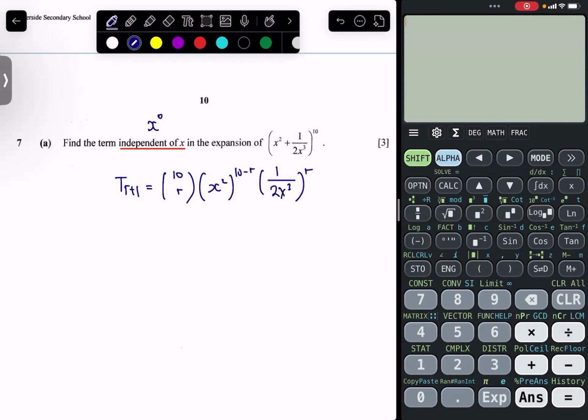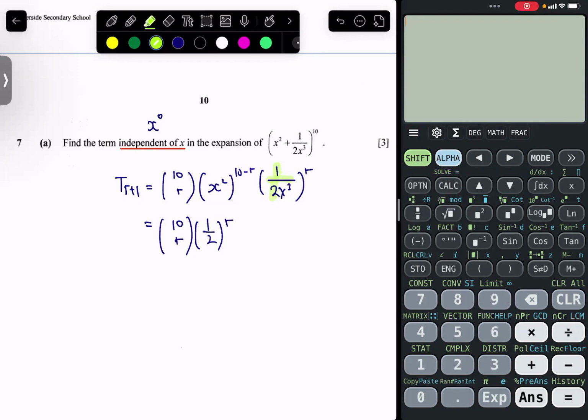So this is the r plus 1 formula. Now we'll go a little deeper to find the x term and the number term. 10 C r is a number term. Now we have half to the power of r as a number term as well. Where did the half come from? The 1 over 2 down here.